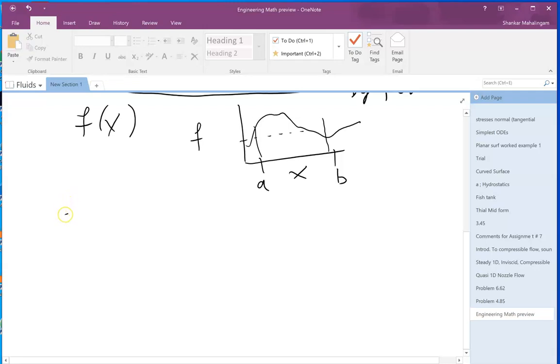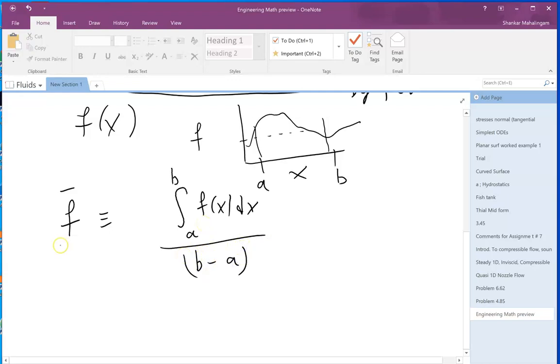And so the average, I can notate that by using the symbol f bar, would be defined as the integral from a to b of f of x dx. So I integrate that quantity, and then I divide that by b minus a. And also, if you pay attention to the units, when I divide by b minus a, I'm going to get a quantity which has the same units as my original function f of x.